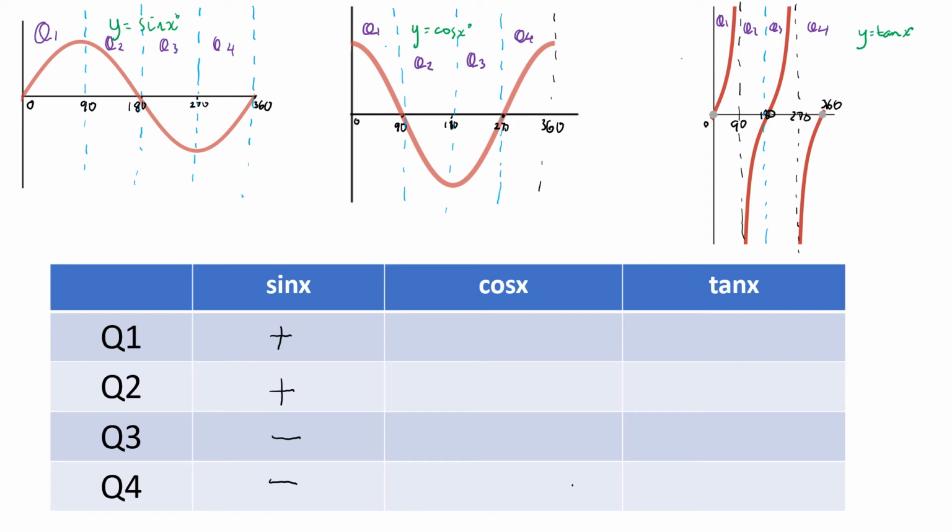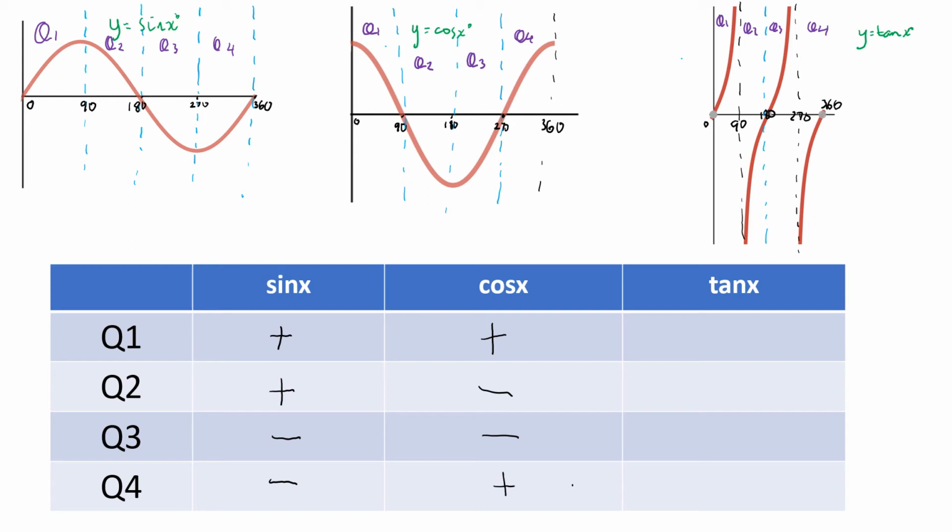We'll do the same activities for cos and tan. In quadrant 1, cos is above the x-axis, so it's positive. In quadrant 2, it's below, so it's negative. In quadrant 3, it's below. And in quadrant 4, it is above.